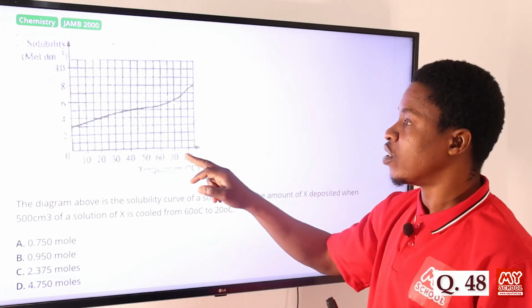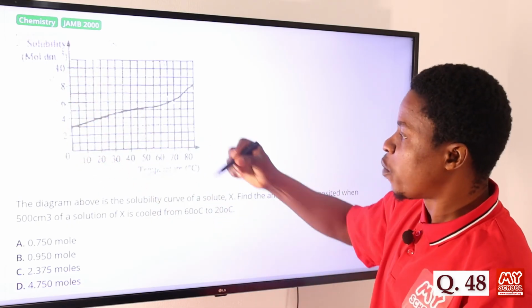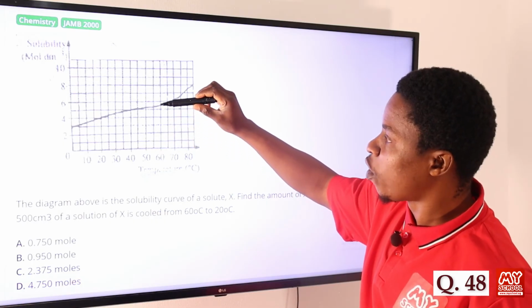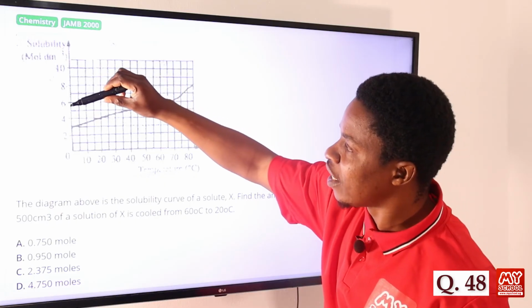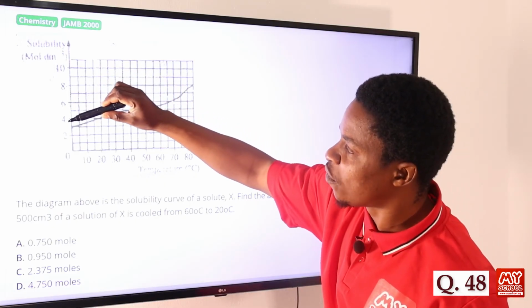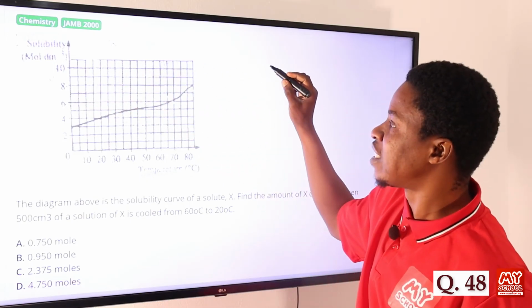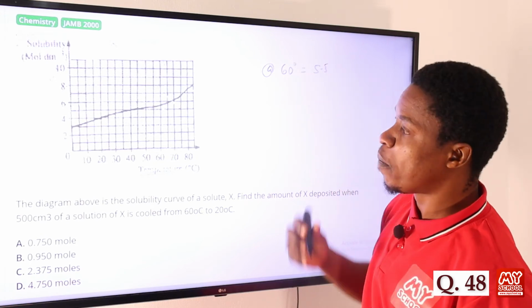This is the temperature, and this is the solubility. We extrapolate from 60 degrees to the curve, somewhere around here. This is 5, this is 6, so half of that is 5.5. So at 60 degrees, that is 5.5 mole per dm cube.